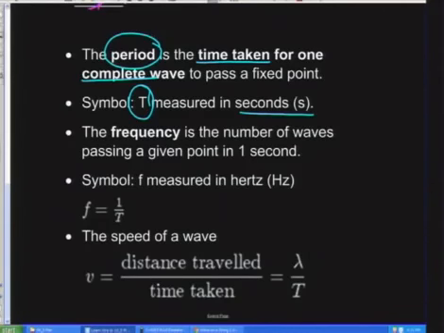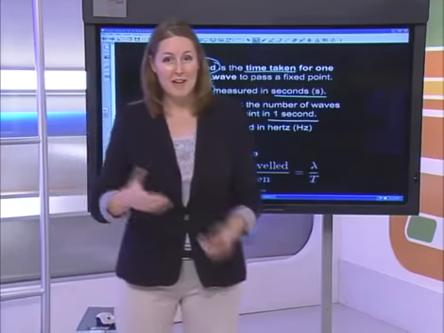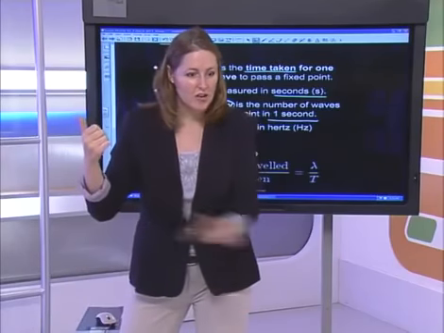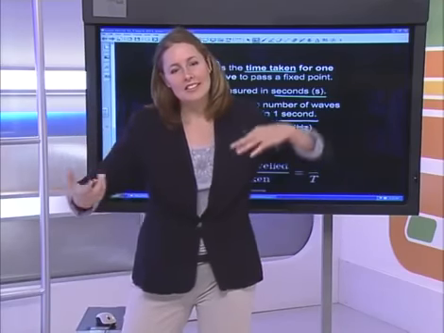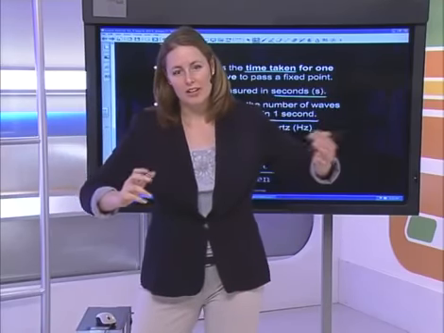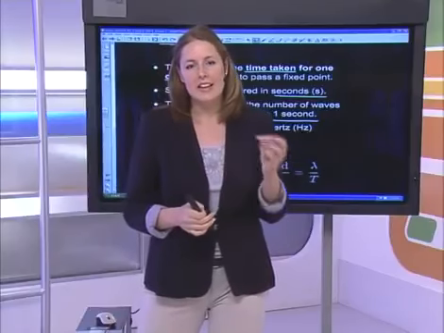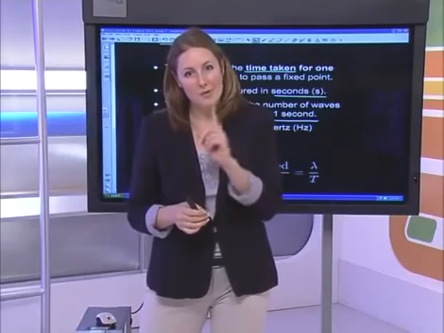The frequency is the number of waves passing a given point in one second. So now I say, okay, I'm going to time one second, and you count how many waves go past. The difference is that these two are the inverses of one another. Frequency is how many waves go in one second.